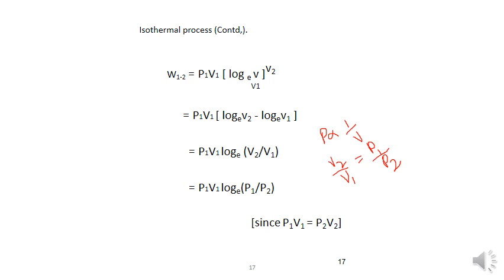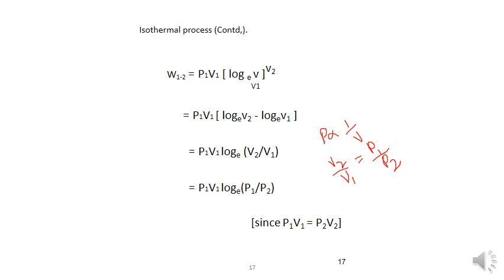So work done is P1 V1 log V2 by V1, which is equal to P1 V1 log P1 by P2. How do you get it? In the isothermal process, heat supplied to the system from the surroundings must be equal to the work delivered to the surroundings.